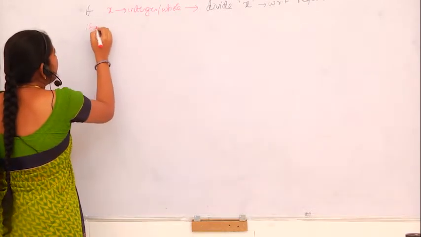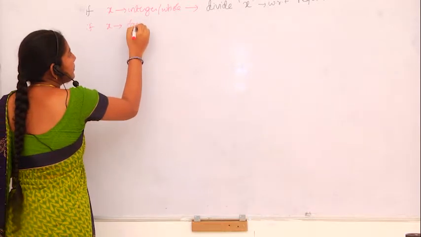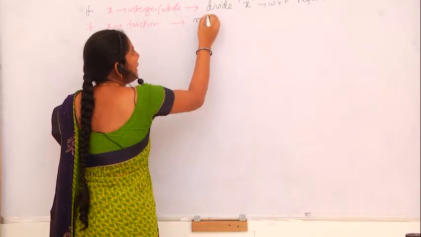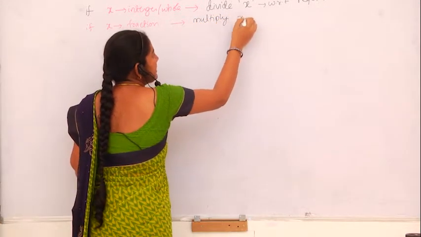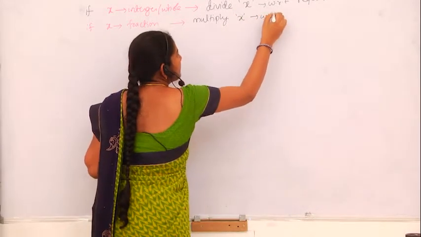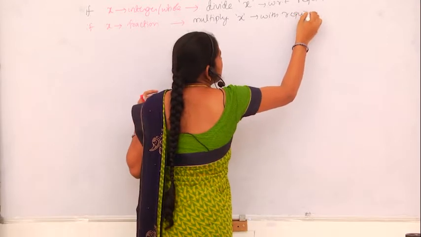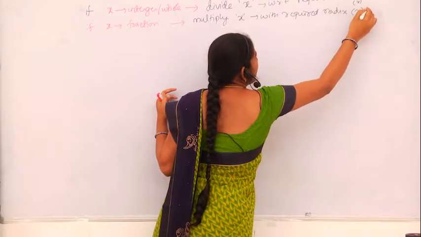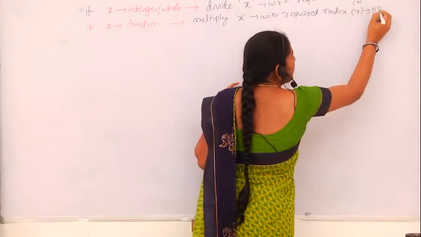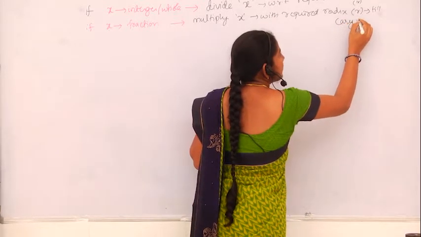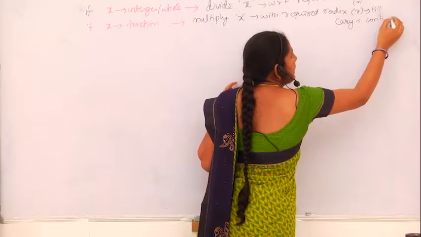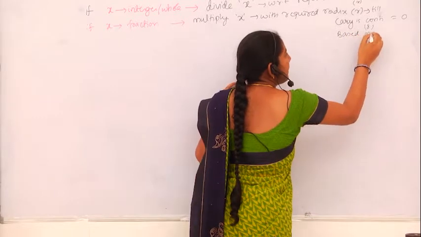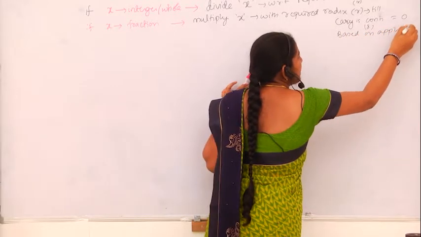Instead of that, if x is a fraction number, then multiply x with the required radix R till the carry is continuously equal to 0, or based on the application which we are using.